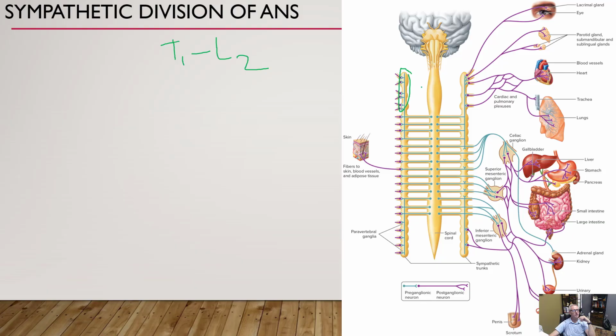So we would have a very short preganglionic fiber and then a very long postganglionic fiber. Or we would have something about halfway, and then it would continue going on to our target organ. Down here, a very short pre and a very long post, or something that's about 50-50.